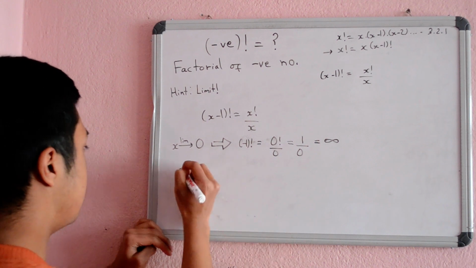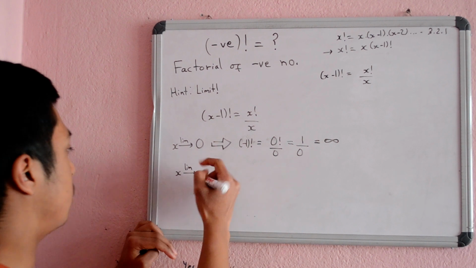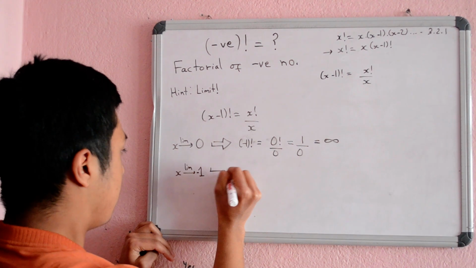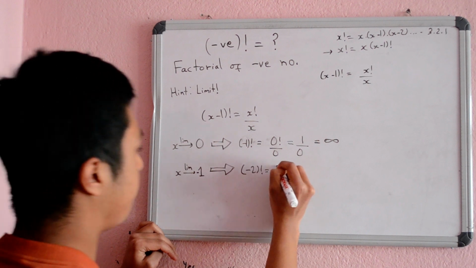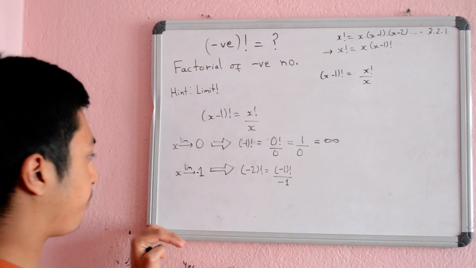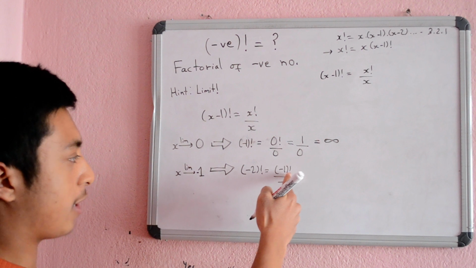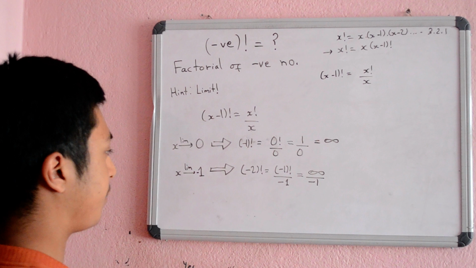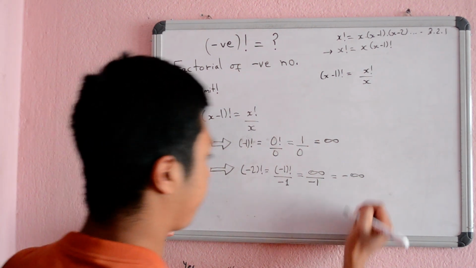Now similarly, let's take the case when x approaches negative 1, to get negative 2 factorial. In that case, we're going to have minus 2 factorial is equal to minus 1 factorial by minus 1. Here minus 1 factorial is infinity, so we get infinity by negative 1, which is negative infinity.